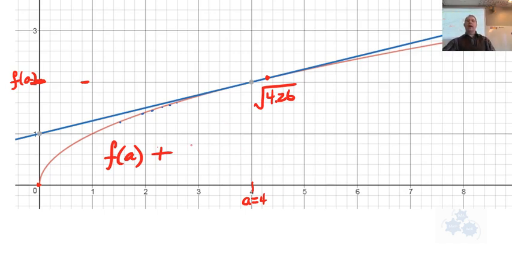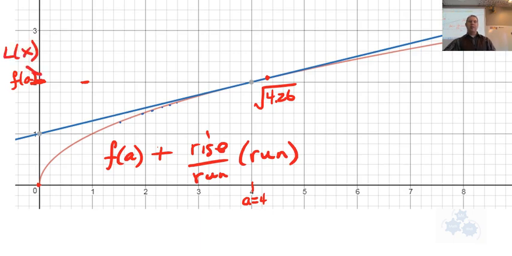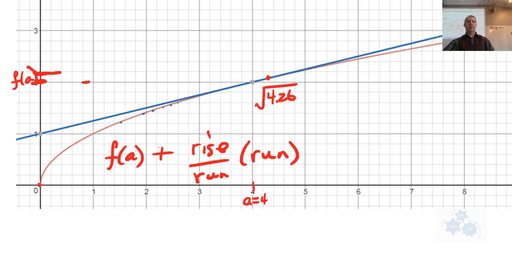So I'm going to add the rise over run times the run, and I'm going to call this approximation L of x. So this is going to be L of x right here. That's our linear approximation. And so we're building up what the linear approximation of the red function at a certain value is going to be, found by doing this.